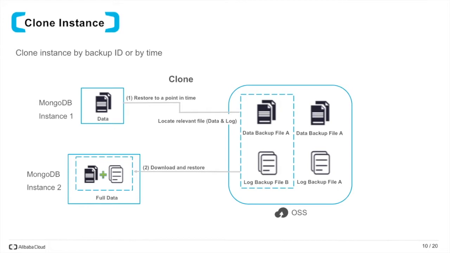As I mentioned, RDS database backup files are saved on OSS, so the RDS recovery process needs to download the files from OSS first, which will consume some time. The speed is approximately 13 megabytes per second usually.